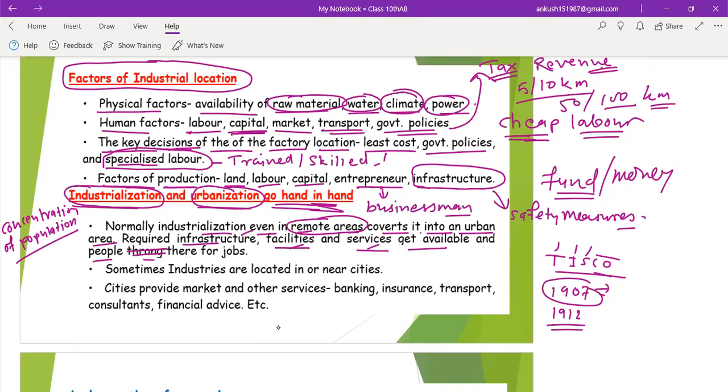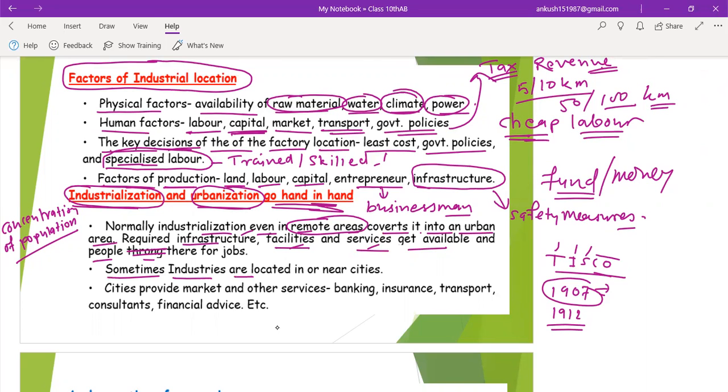Most of the things which are provided by the government are being provided by such companies, almost like public sector, which means undertaken by the government. Understood? So infrastructure, availability of facilities and services are important for urbanization to set up near industrialization.